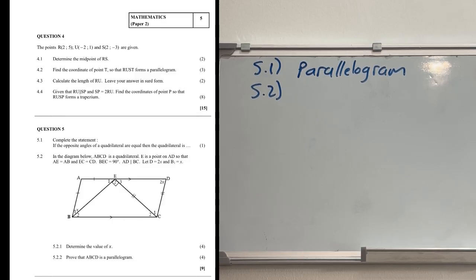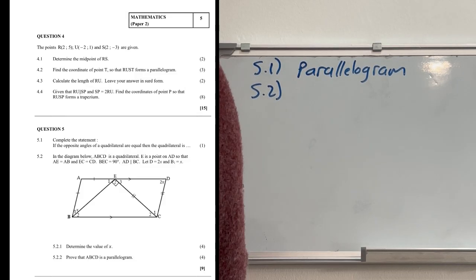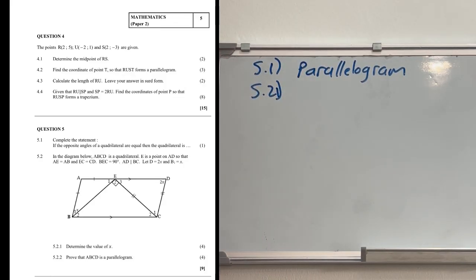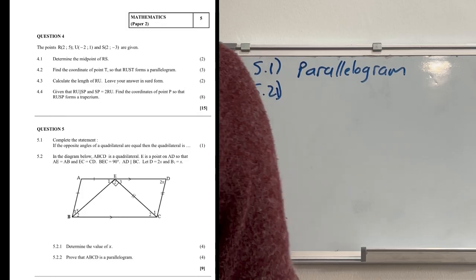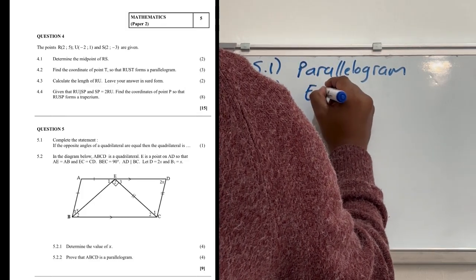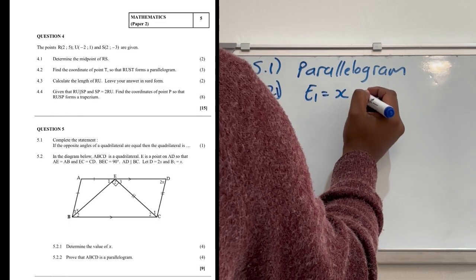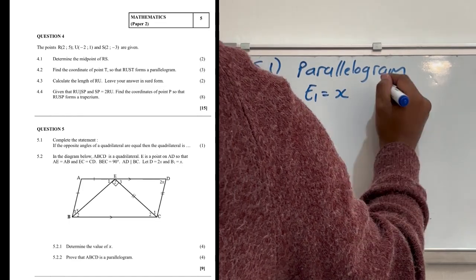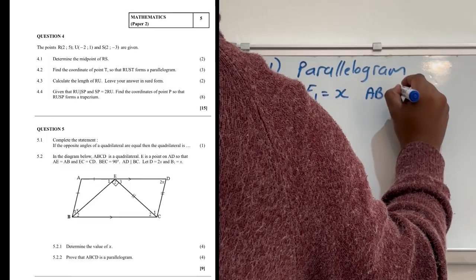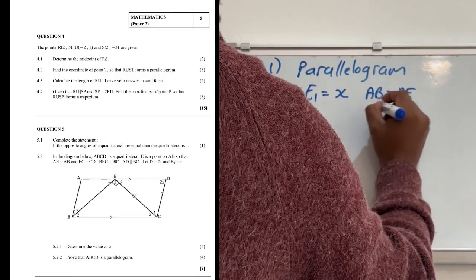Then the next question, 5.2.1, they say determine the value of x. The first thing we can say is that E1 is equal to x. Why? Because AB is equal to AE, which means that the angles are equal.